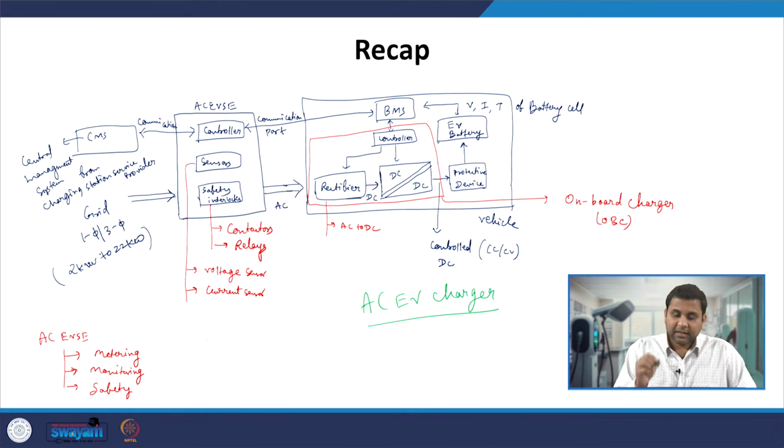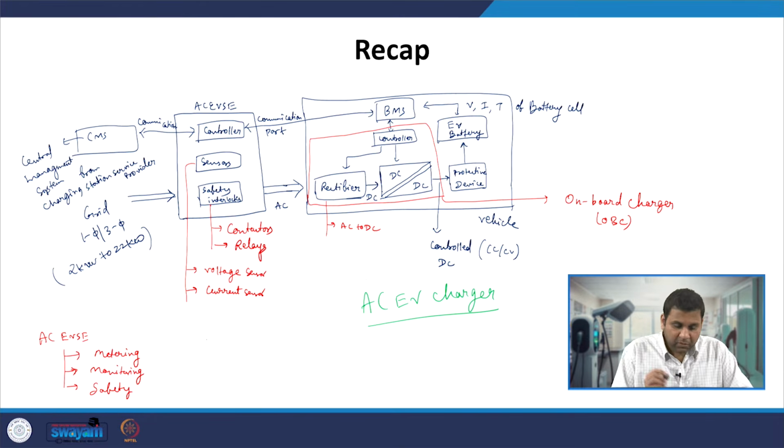Along with that, the BMS will also communicate with the controller of the AC EVSE, which in turn communicates with the central management system provided by the charging station's service provider, to do different functionalities like metering and monitoring of the AC chargers placed in the charging station.